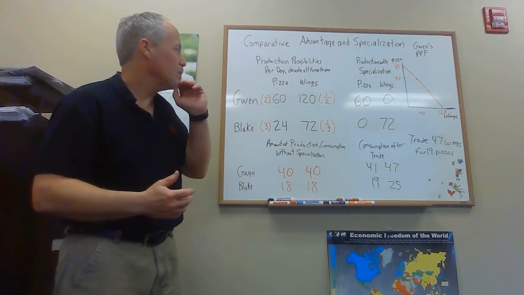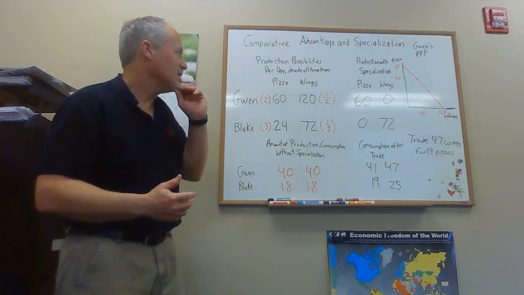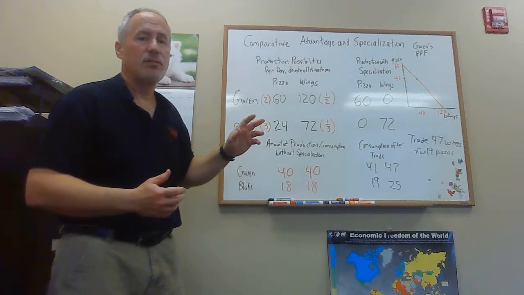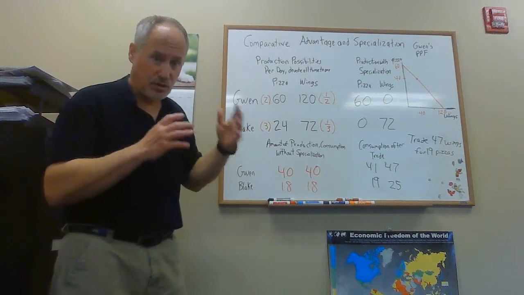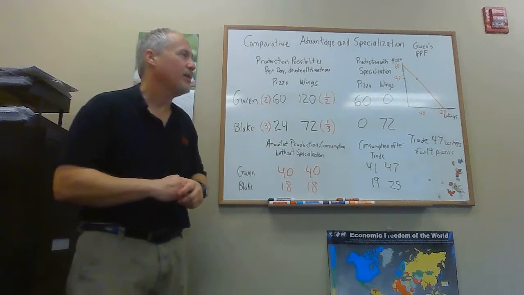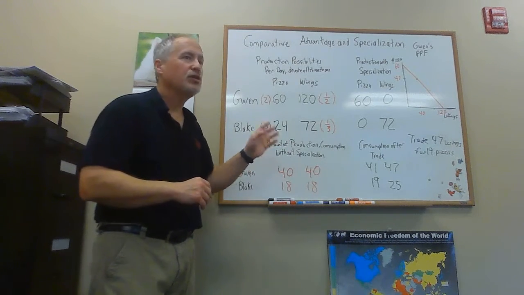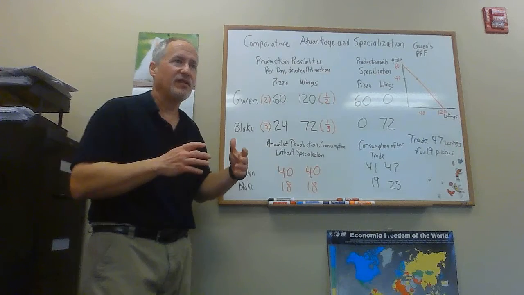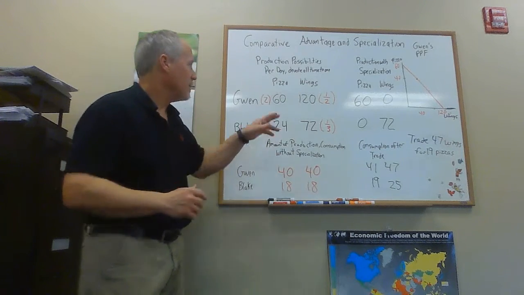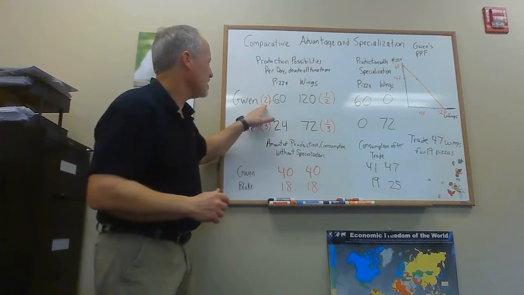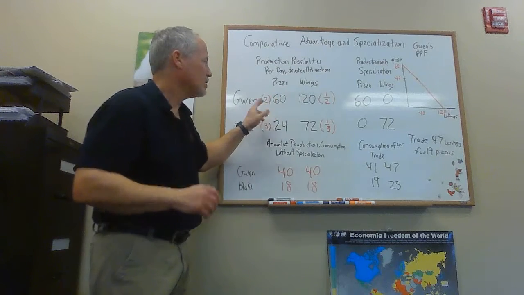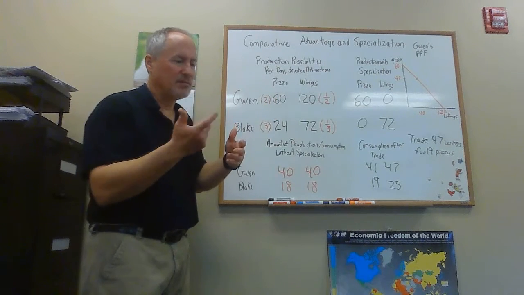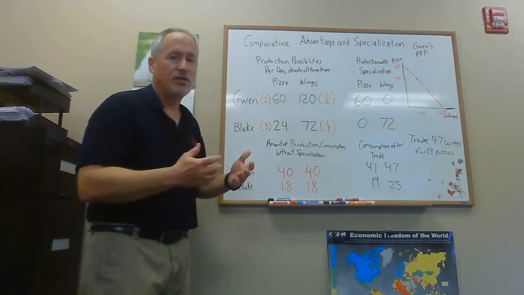And if you're good with numbers, you can work this out to see this. It'll always turn out to be the case that in a two-person, two-good setup like this, each person is always going to have a comparative advantage in one of the two goods. Because if you see it, these opportunity costs are inverses of each other.